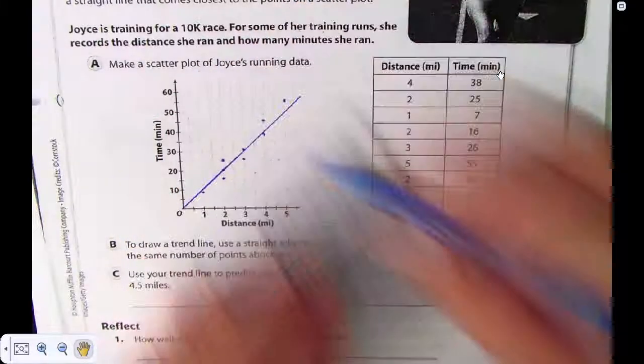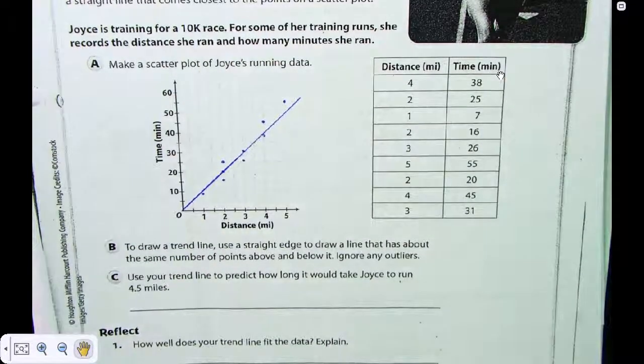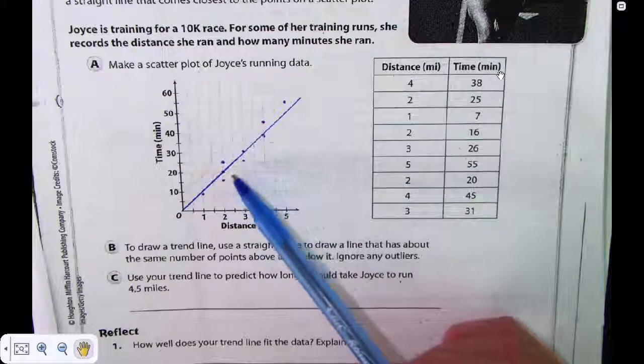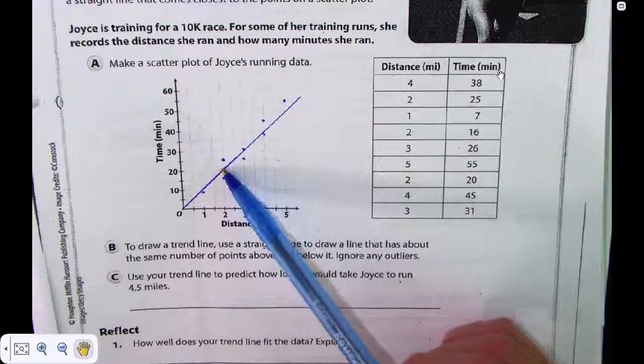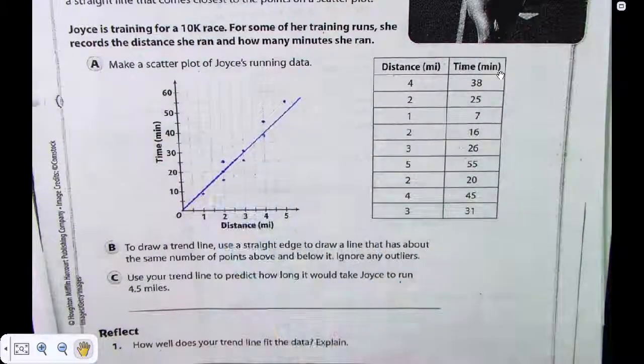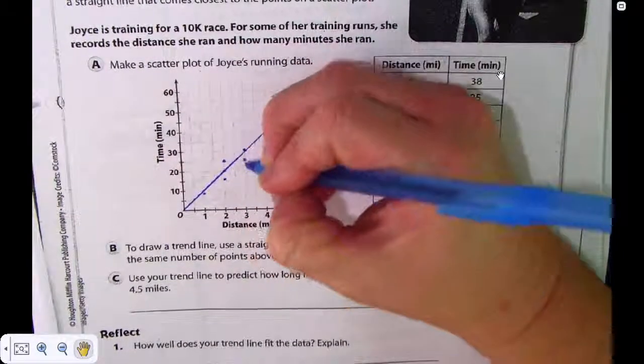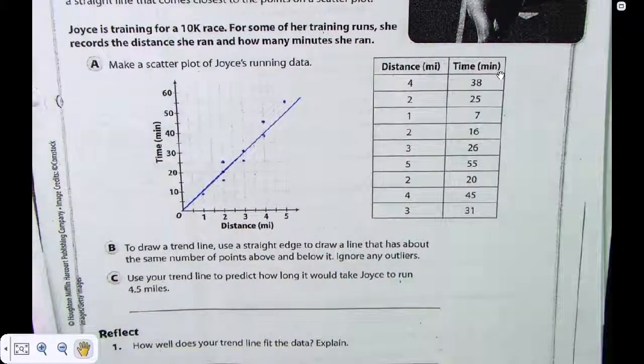Well, that's where mine's going to cross. Is that what y'all did? So there's 1 on the line, and then the other 4 above, other 4 below.